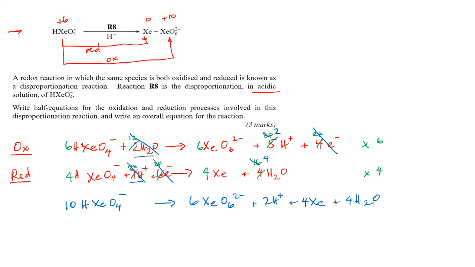The last job is just to simplify it. So let's switch back. You can divide all the molar ratios by 2 just to simplify. So that will turn into a 5, that will turn into a 3, that will turn into a 1, that will turn into a 2, and that will turn into a 2. And then that last version is the final answer.